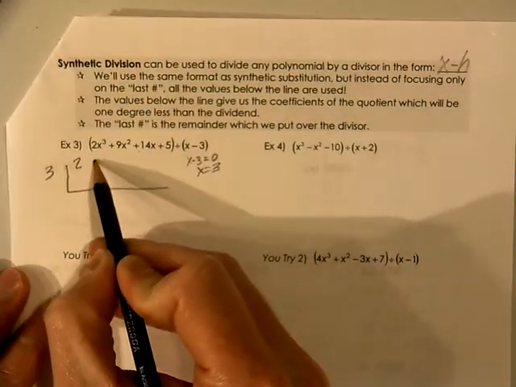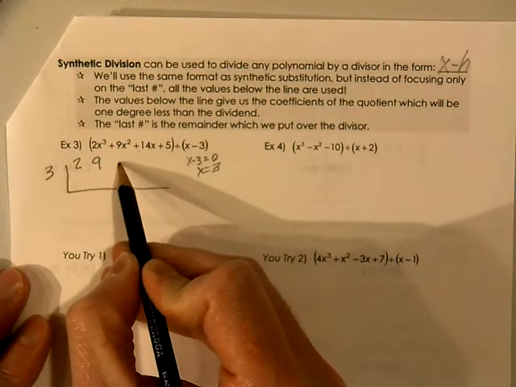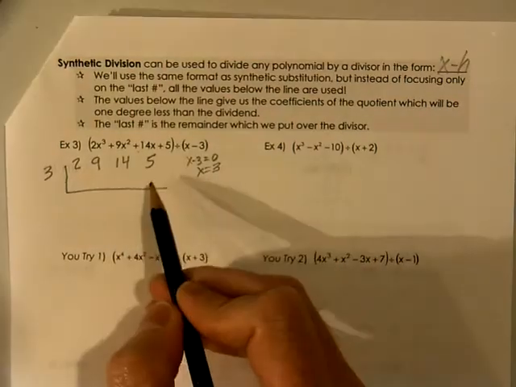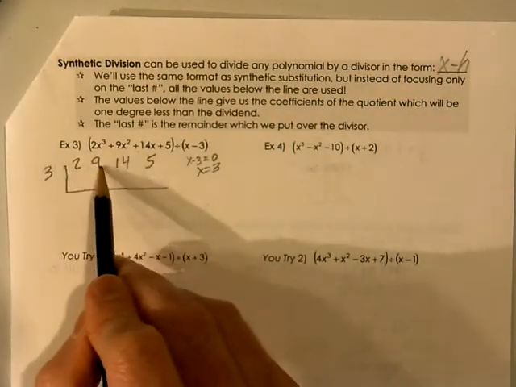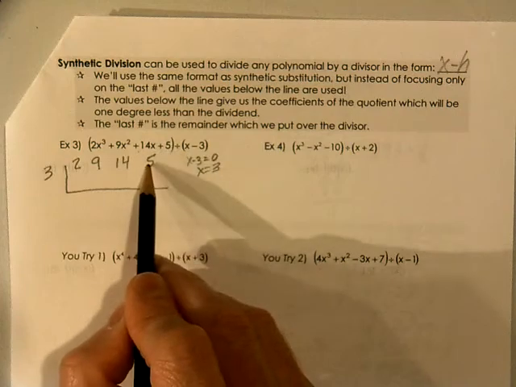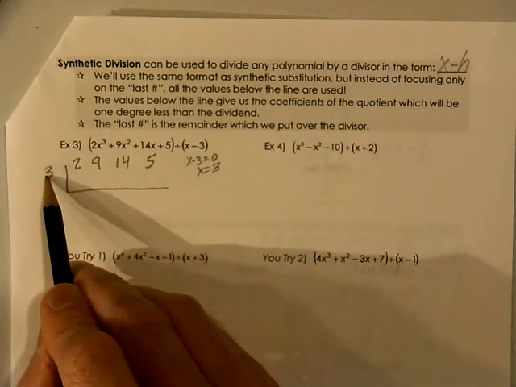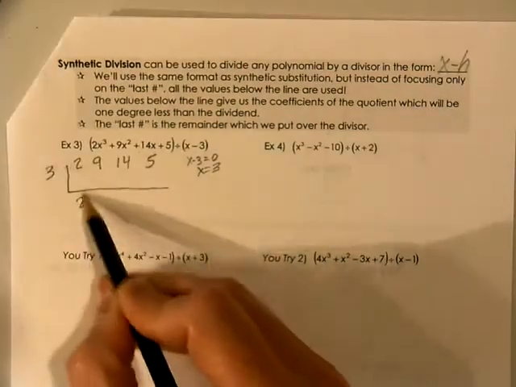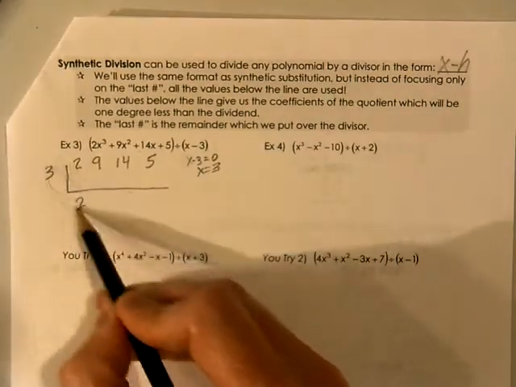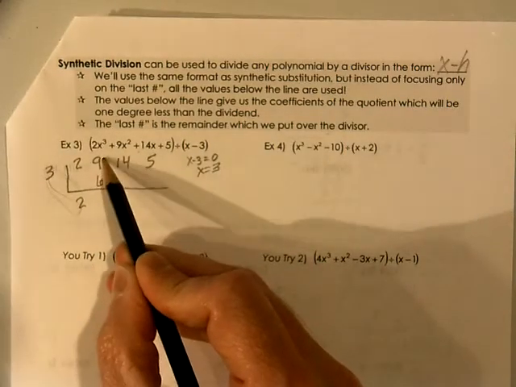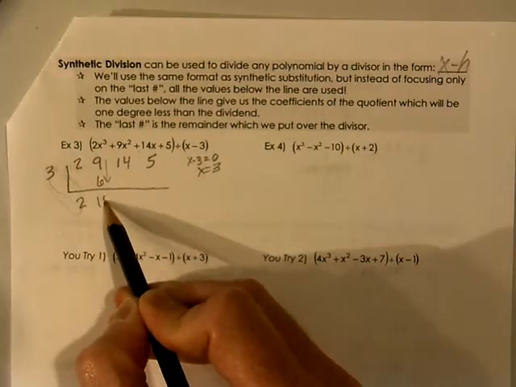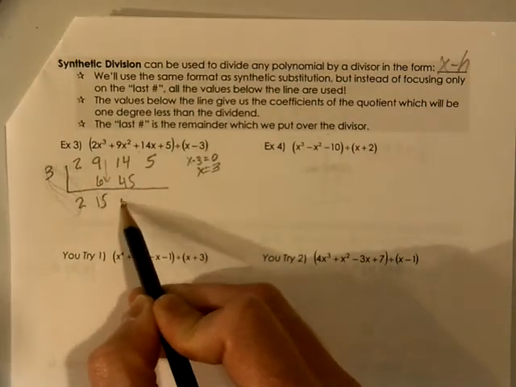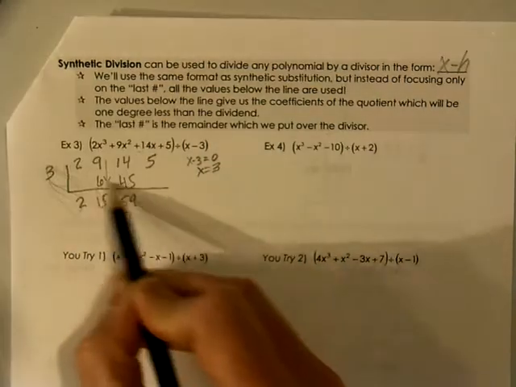So then we're going to set this up just like we did for synthetic substitution, using the coefficients, using our number on the outside, drop down the 2, multiply the two numbers together, place it underneath the next one, add them together, multiply together, and multiply.